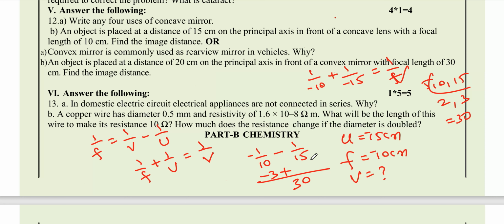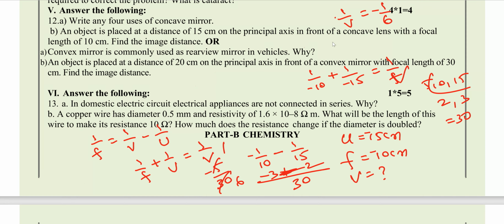Multiply by 30. 15 1s are 15, 2 is minus 2. So minus 3 minus 2, how much? Minus 5 by 30. 5 1s are, 5 6s are, answer is minus 1 by 6. What is this minus 1 by 6? 1 by v. Correct, no? 1 by v is equals to minus 1 by 6.